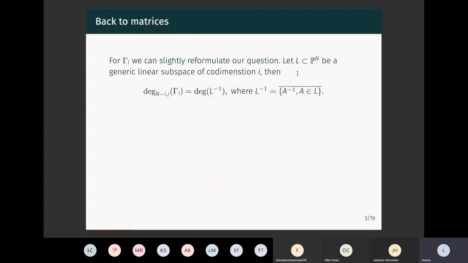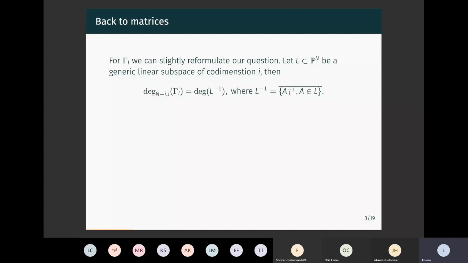To compute this bi-degree, it is the same as to take L, a generic linear subspace of codimension i, and then the bi-degree of my graph gamma_i is equal to the degree of L inverse, where by L inverse I just denote the closure of the inverses of all invertible matrices from L.